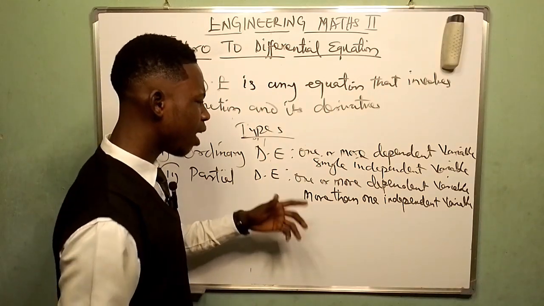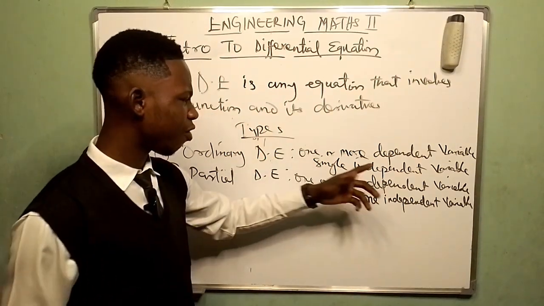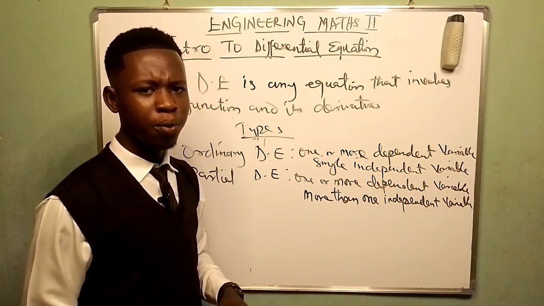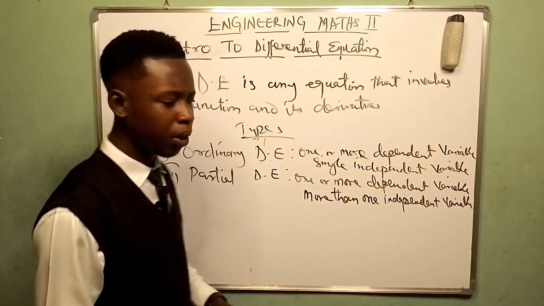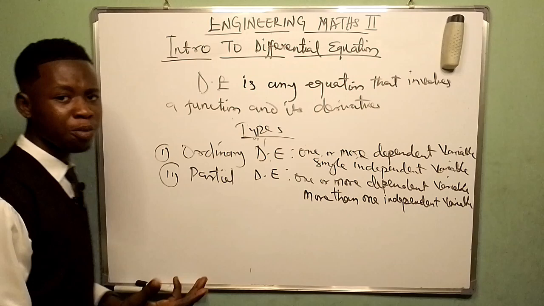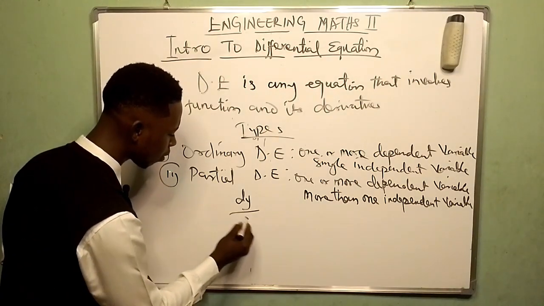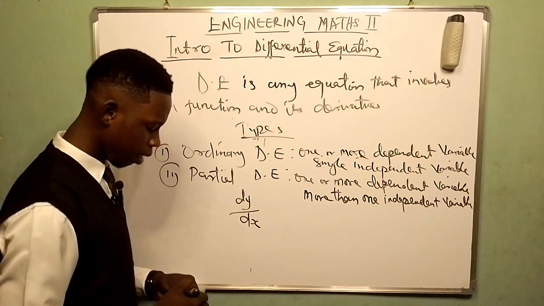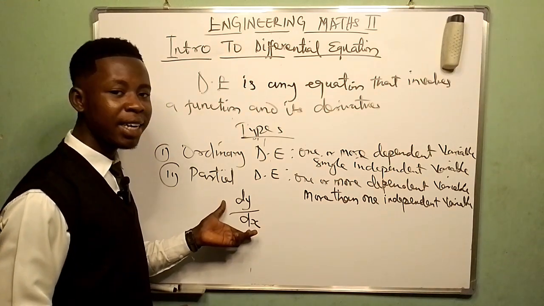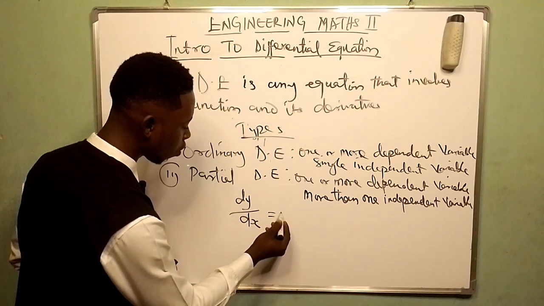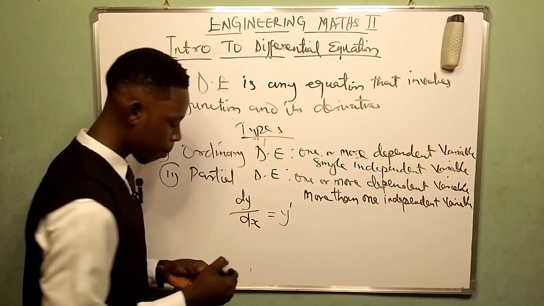Before I lay more emphasis on this, let me clarify what we mean by dependent variable and independent variable. I'm sure you know what differentiation means. When you differentiate y with respect to x, you are going to have dy dx. Or some people will put it in a shortcut, which is y prime.